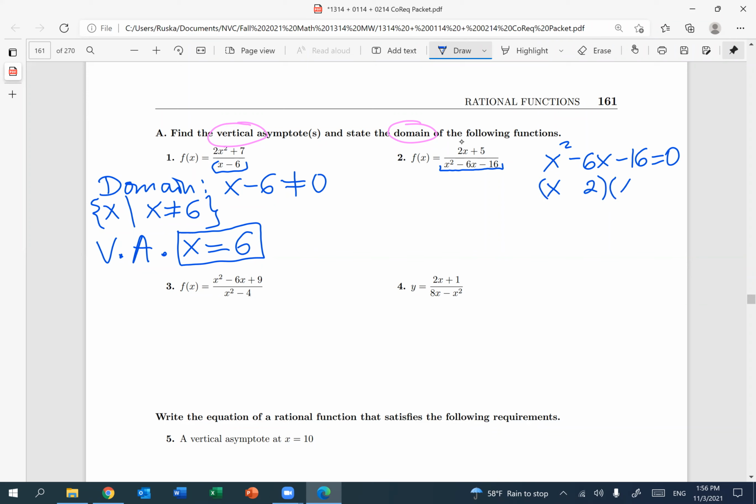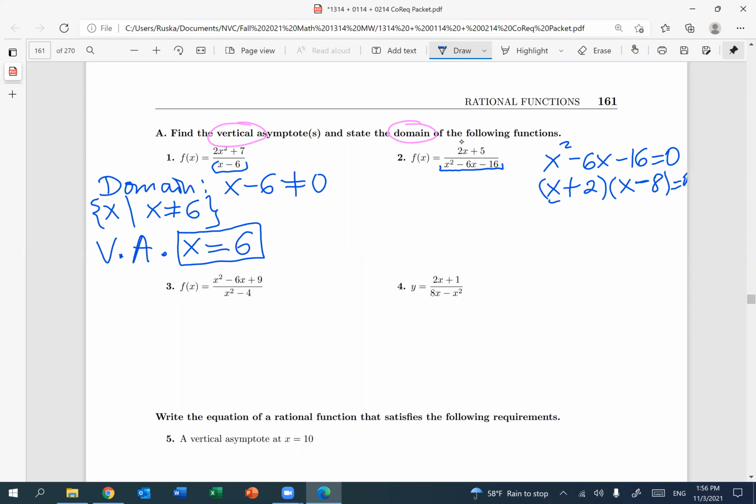Let's see which one is plus, which one is minus. This is negative because it has to be negative 6. Negative 16 is 2 times negative 8. And 2 minus 8 is negative 6, right? So this is how you factor it.